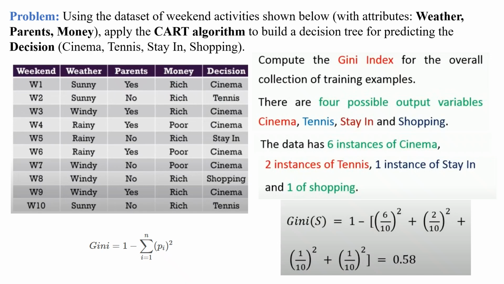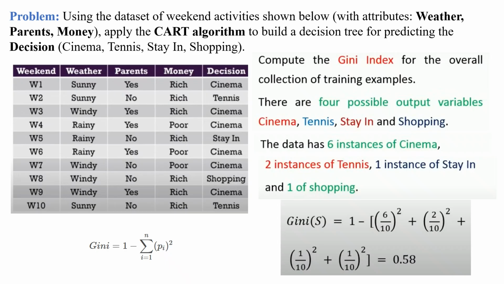So totally we have 10 samples. Out of the 10 samples, 6 samples have the decision cinema, 2 tennis, 1 stay in and 1 shopping. So the overall Gini Index, that is Gini of S, is equal to 1 minus the sum of 4 probabilities.